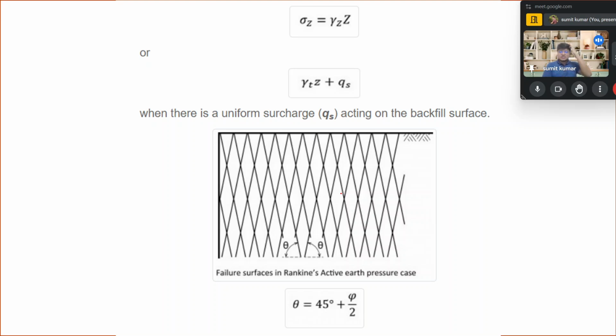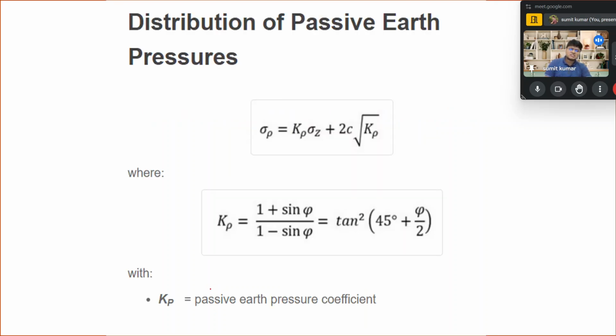And when some surcharge may be over there, that also gets added to the given gamma z. So it may be gamma z plus qs, as qs is acting on the backfill as a surcharge. And the failure surface of the active earth pressure is also seen from here. Over here you see that the theta angle is represented, that is nothing but 45 plus phi by 2, which we have discussed also during the last class.